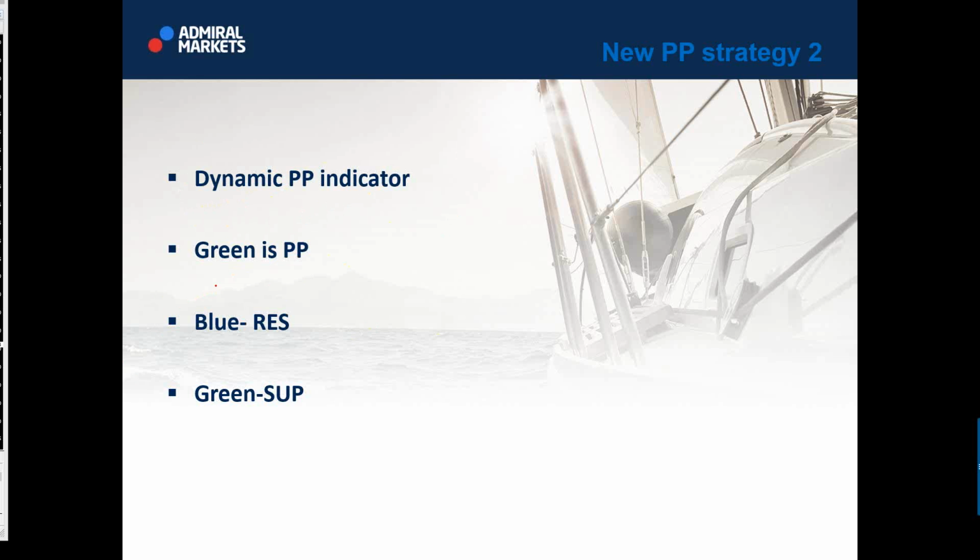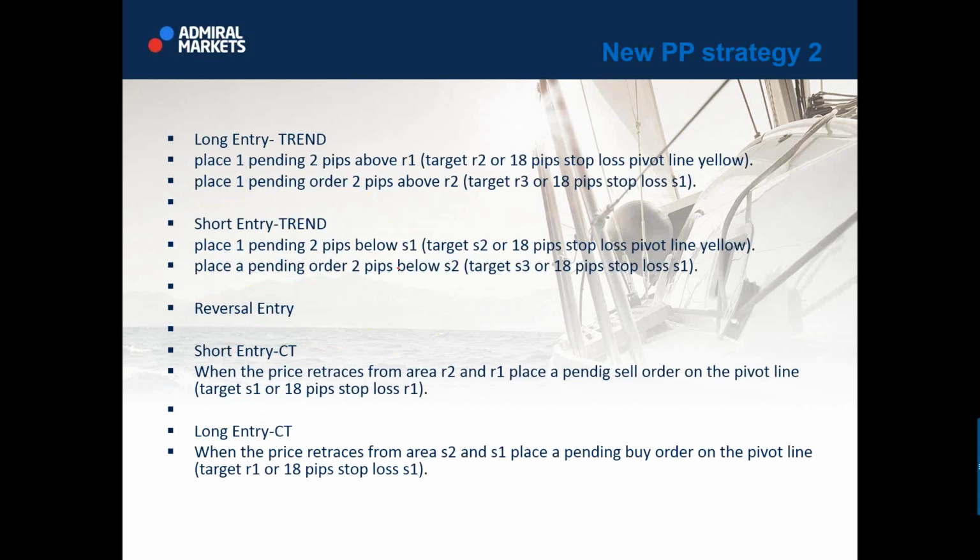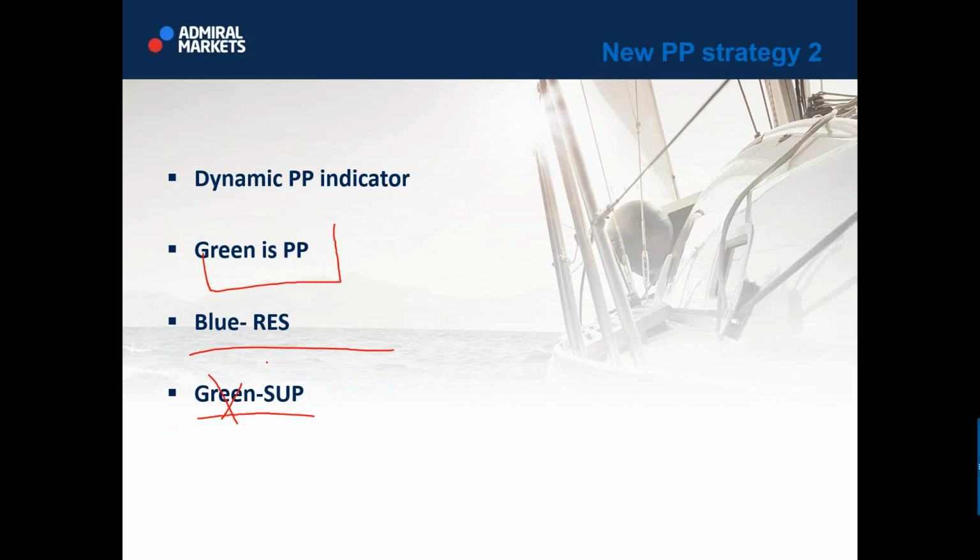Dynamic pivot indicator shows green as a pivot point. Blue is resistance, green is also support, okay? Red is support. Sorry, this is actually my mistake. So you have blue, green, and red.